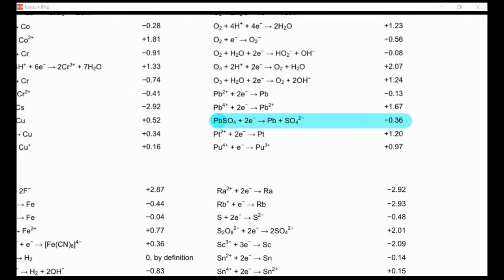So as a result, I'll be able to take it. Now what is the other one? The other one, since I am here, I will say I have Fe solid and Fe SO4.